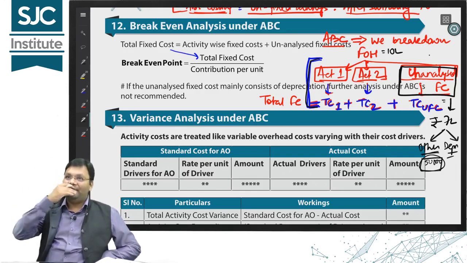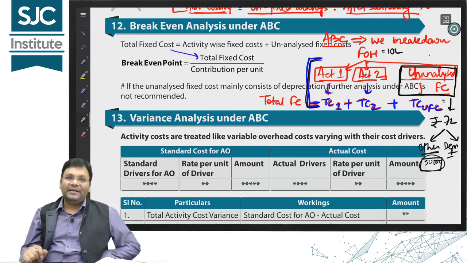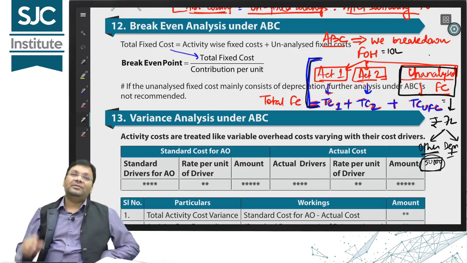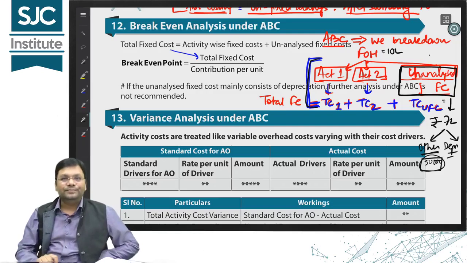That's why in our merits and criticism of ABC, we studied that you should have a strong purpose of using ABC, because ABC in itself is a very costly system.